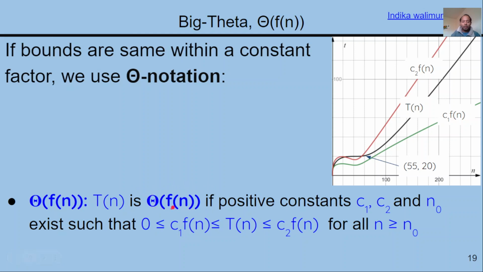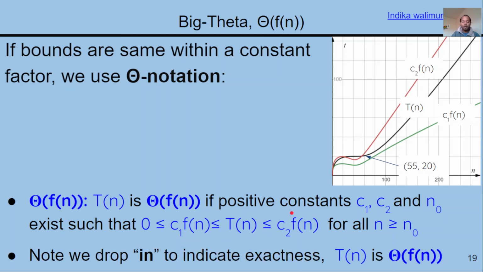T(n) is big theta of f(n) if positive constants c1, c2 and n naught exist such that this relation holds for all n greater than or equal to n naught. So T(n) is sitting between c1·f(n) and c2·f(n). Now we drop the "in" to indicate exactness. So T(n) is big theta of f(n).